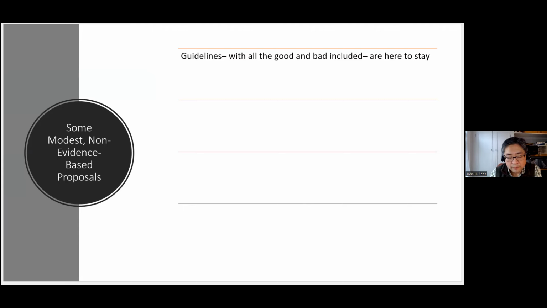They're not going away. I'll also add, just as a parenthetical, that I think guidelines also serve to elevate the group that they're coming from. IDSA having these guidelines, it's not just that they're putting out something that is really good for its constituencies, but they also bring attention to IDSA as an organization and help drive membership and participation in a group like IDSA.